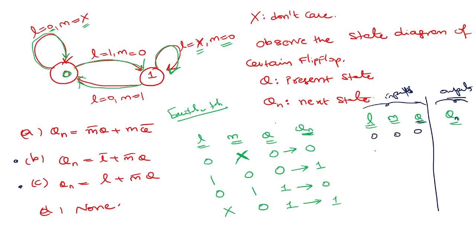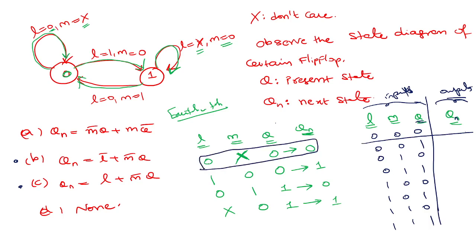So you have this combination 0, 0, 0, 0, 0, 1, 0, 1, 0, 0, 1, 1, 1, 0, 0, 1, 0, 1, 1, 1, 0, 1, 1, 1. All the combinations are there. Now, what does this mean? If L is 0, M is don't care, what does it mean?